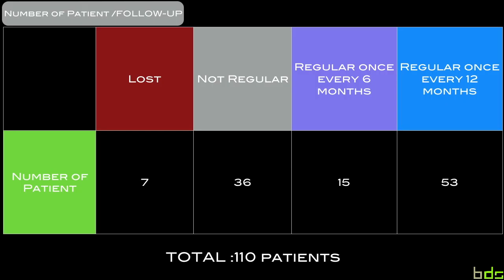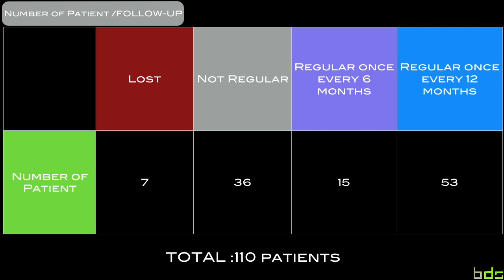Here we looked at the number of patients in regards to the follow-up. 7 patients were lost to follow-up, 36 were not regular, 15 were once every 6 months, and 53 were once every 12 months.